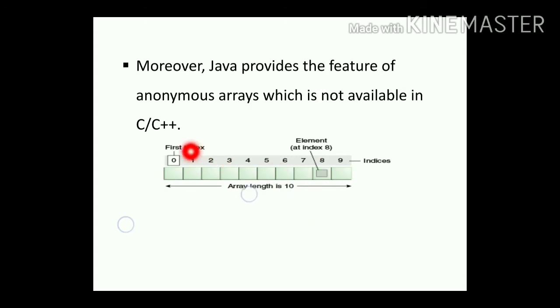The first index of the array element is 0, second is 1, 2, 3, and so on up to 9. If we declare an array with 10 elements, it starts with index 0 and goes up to index 9.